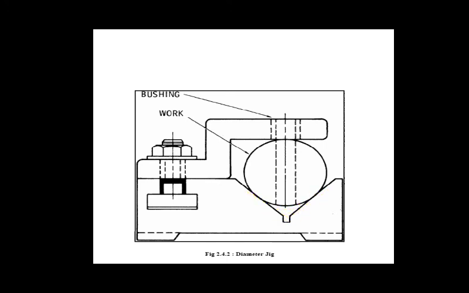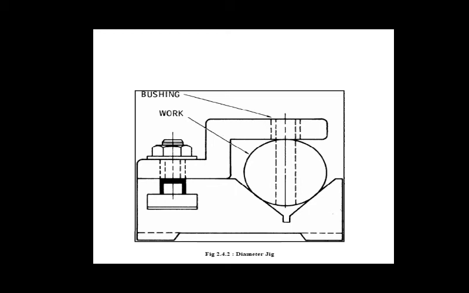Now, these diameter jigs are used to drill holes on the periphery of cylindrical or spherical workpieces. Okay, so this is what the diameter jig is used for.